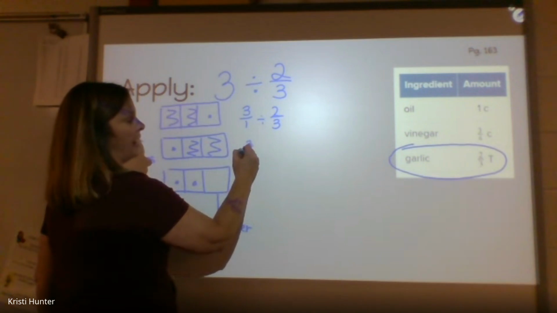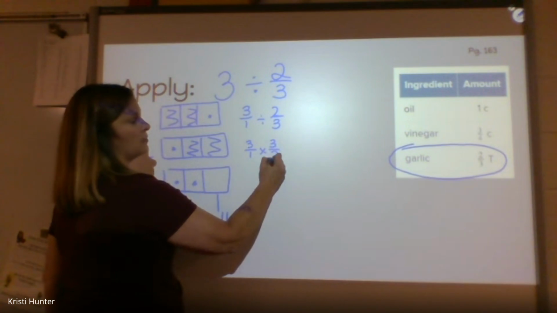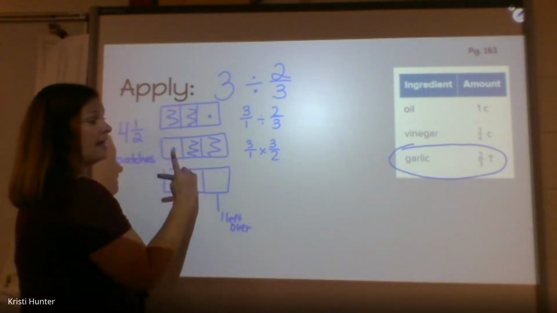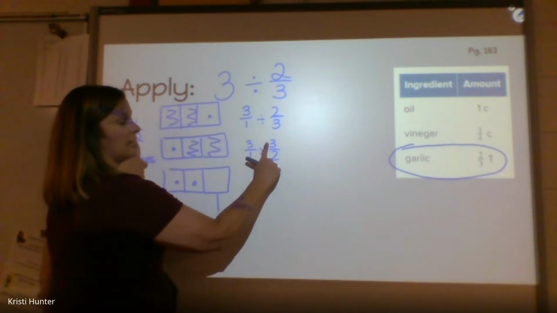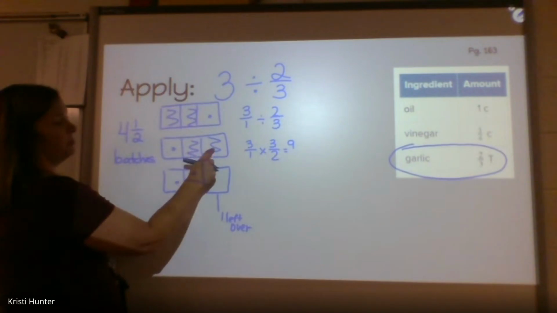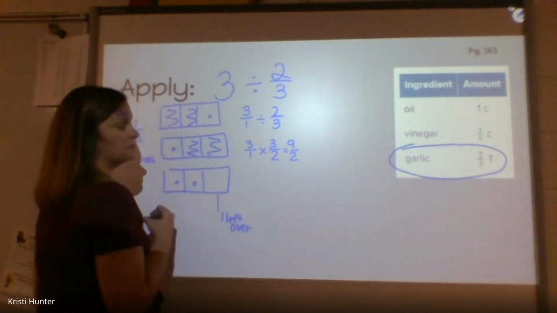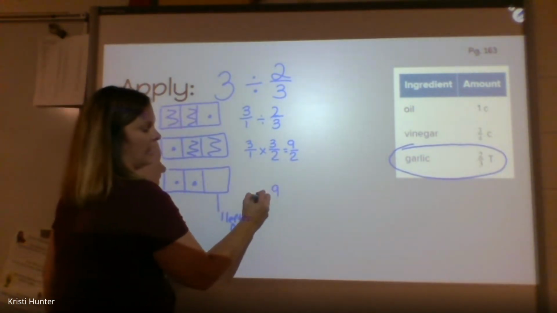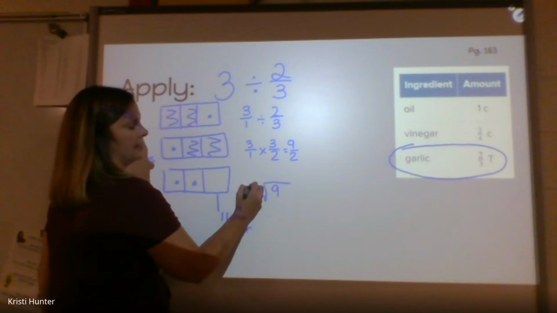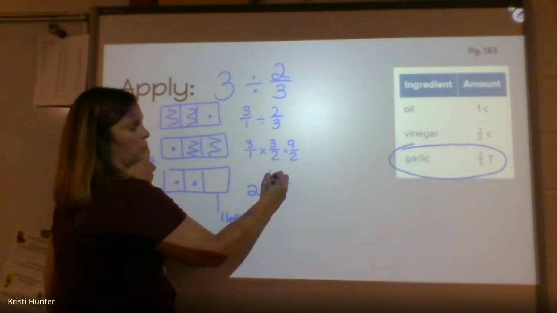And to do that, we switched to multiplying and used our reciprocal. Because now I know 3 times 3 is 9, which is how many total boxes I had. And I'm going to break it into groups of 2. And when I take 9 and I divide it into groups of 2, well, 2 will go into 9 4 times.